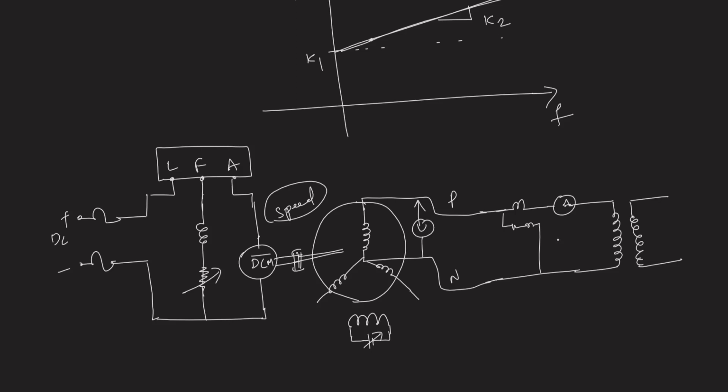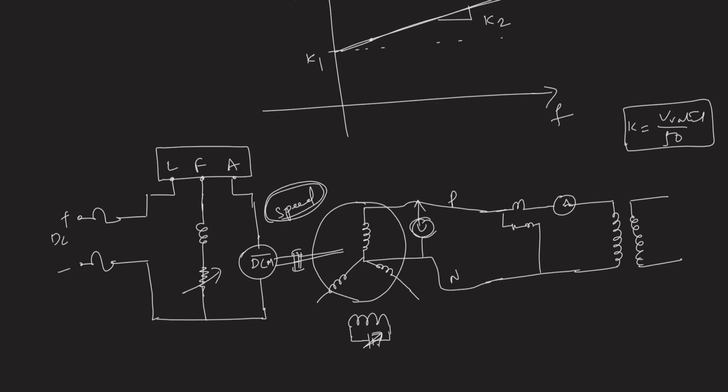Now we can calculate the rated voltage by 50 Hz. 50 Hz is always given. Once we know this constant, we try to maintain it by controlling the speed of the DC machine and the excitation.